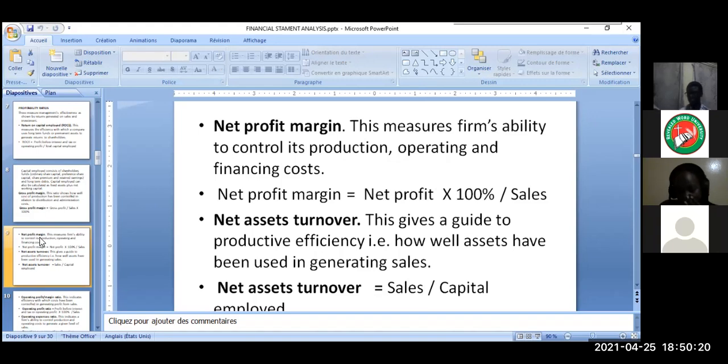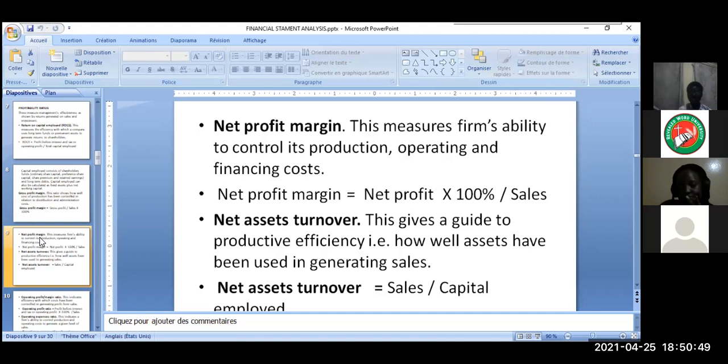Net profit margin measures the firm's ability to control its production, operating, and financing cost. How to calculate it? We take the net profit over sales times 100%, because the margin needs to be in terms of percentages.